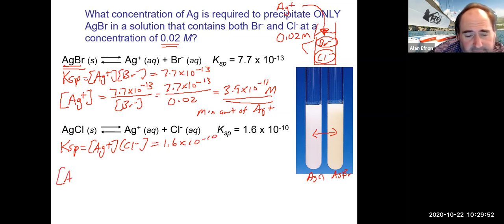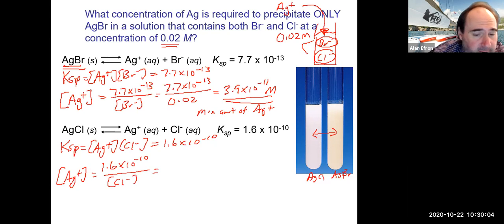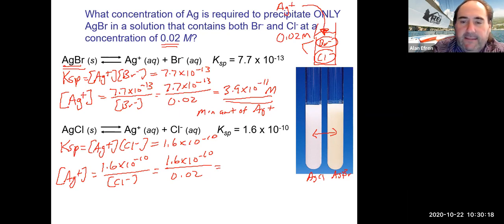Solving for the silver, doing the same calculation, divided by our chloride, and again, we know our chloride is 0.02 as it was given to us in the problem. That is going to give us something like 8 times 10 to the minus 9.